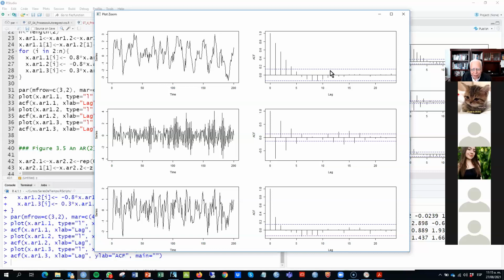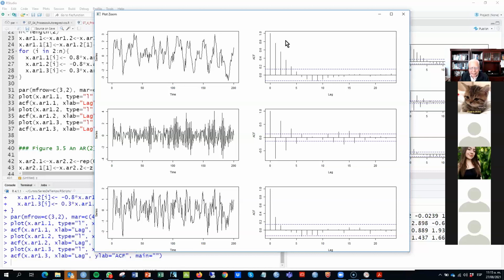These bands represent the confidence bands, assuming that the autocorrelation is equal to 0. Identifying a model based on the plot of the series is not easy. There's no way to know that this is an AR1 and this is also an AR1. But we know that looking at the ACF and the partial autocorrelation function.